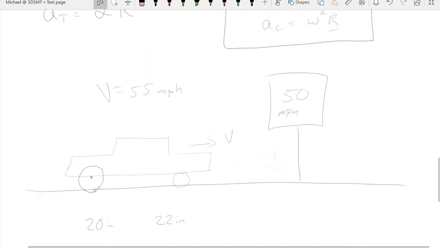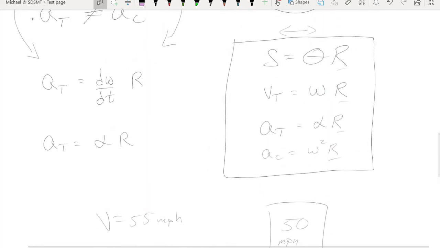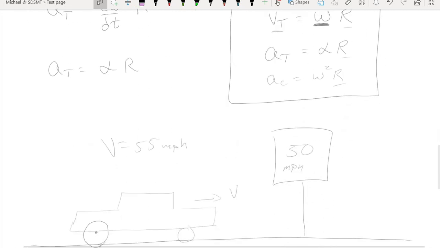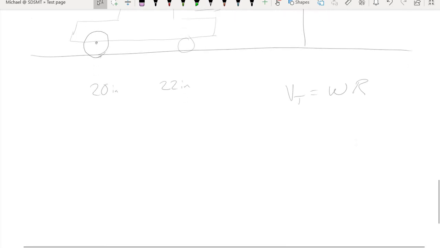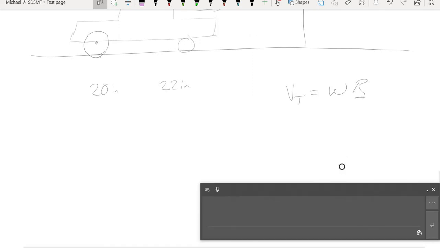Your car actually measures the rate of rotation of the tires, and then it converts that to a linear velocity using this equation. But the way that conversion works is that you have to incorporate the size of the tire to make that happen.